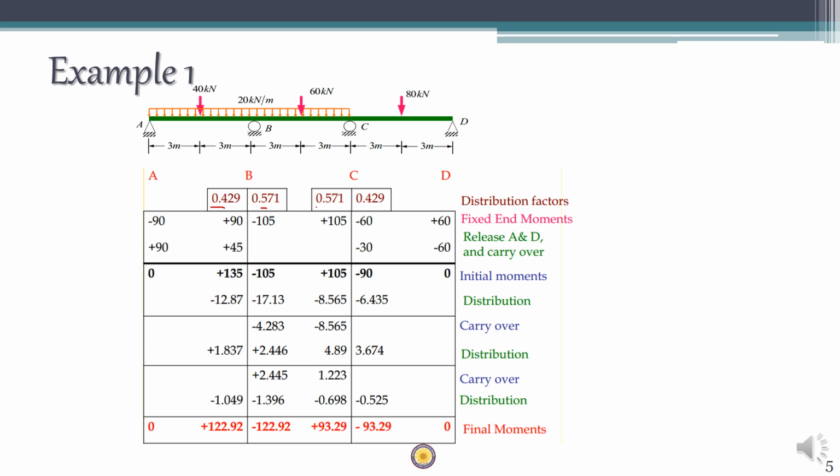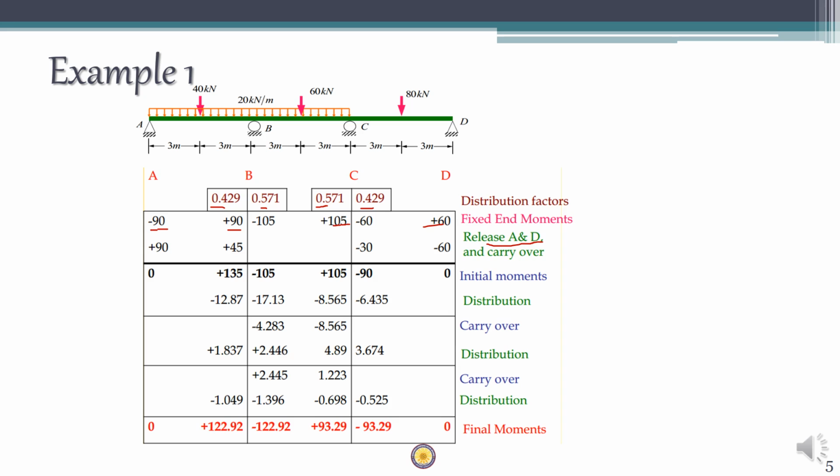Then write down all the fixed moments according to the sign convention. The first step is to release the simple ends. The simple ends are A and D, so you have to release A and D, which means that whatever the actual FEM at that point is, apply exactly the opposite moment.